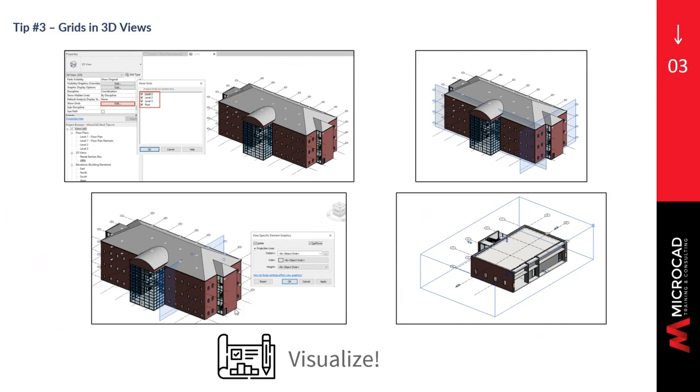You can snap your elements to your grids. So when you're placing, copying, or moving elements, these grids on your 3D view are going to help you to create better 3D section boxes using your grid lines.